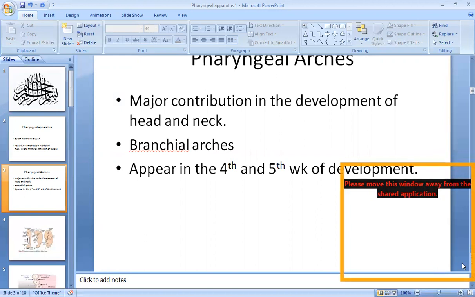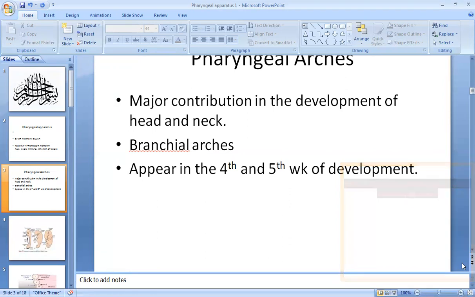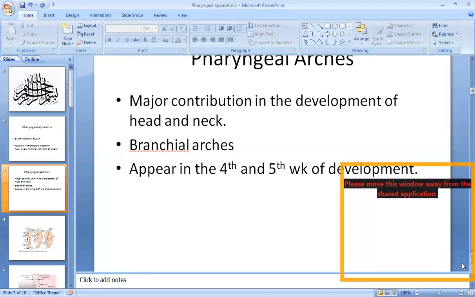But later on, when more research was done, it was found to be a bit different from the gills of the fishes, because the gills communicate with the interior and exterior, and these do not. So they are called pharyngeal arches, not branchial arches anymore.